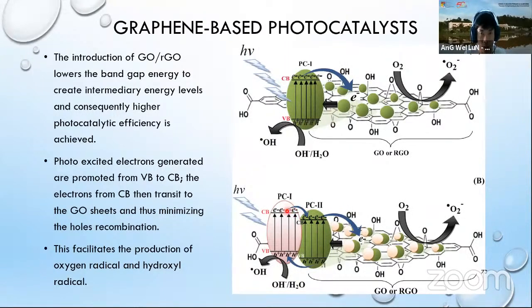Instead of dropping back to the valence band, it may drop to the valence band of the graphene or graphene oxide, or maybe other semiconductor nanoparticles. So it will extend the duration of the photocatalytic reaction. This facilitates the production of oxygen radicals and hydroxyl radicals.